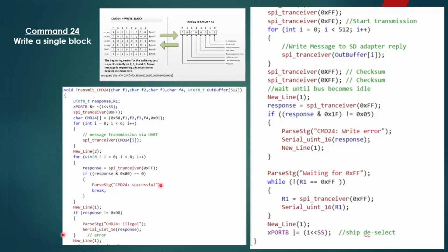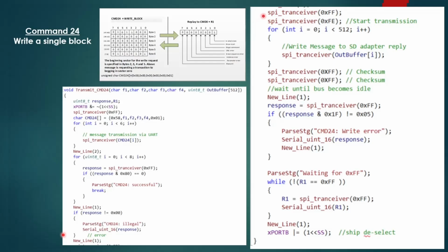We're going to transmit that to the laptop. Next, we're also going to evaluate if the next message after the 0 is not 0, then we're going to call the command illegal, and we're going to stop what we're doing.